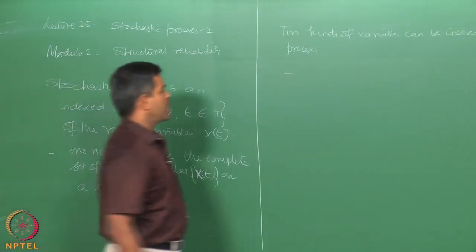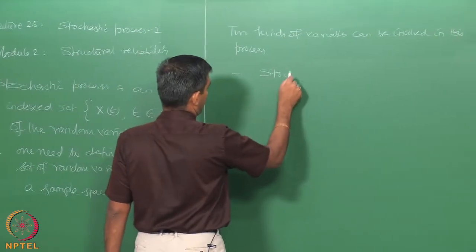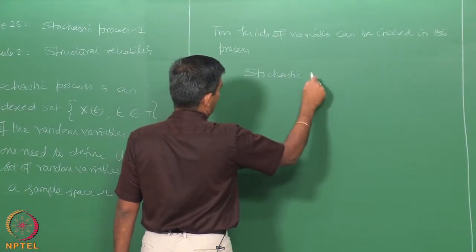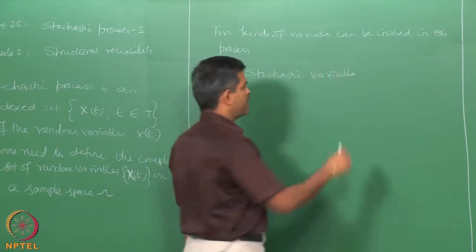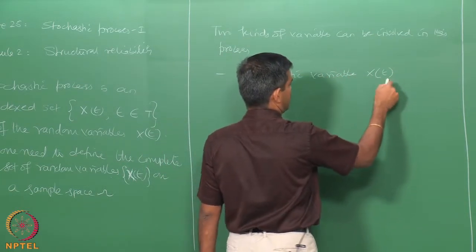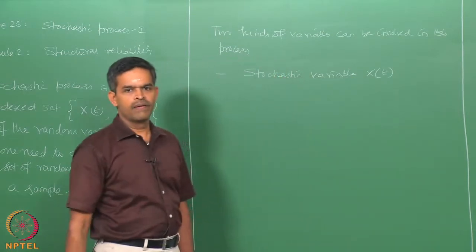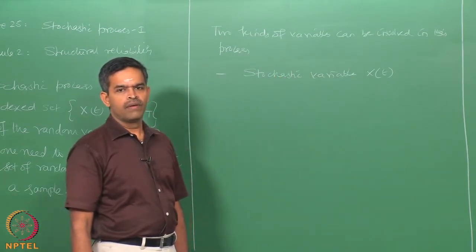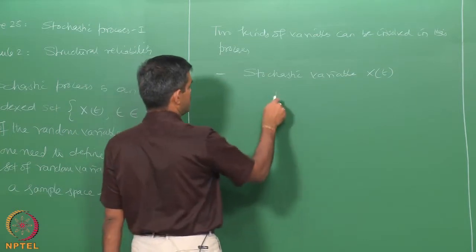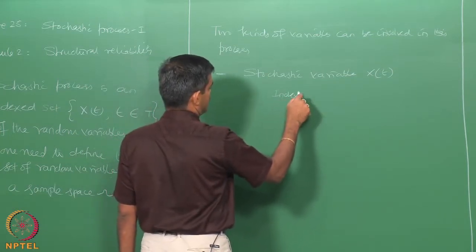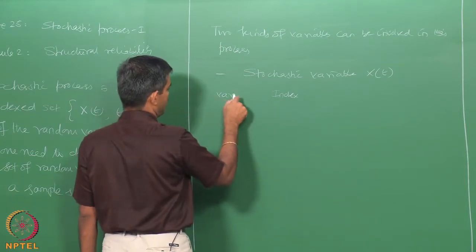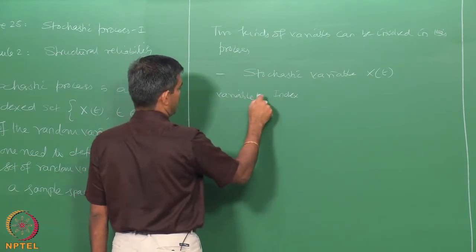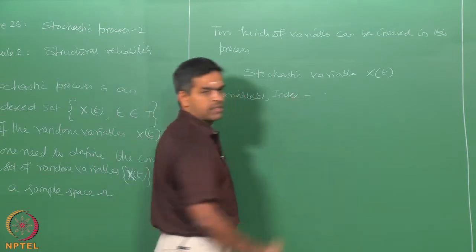One is what we call the stochastic variable, which is indicated as X of t in our discussion. The variable t is also called the index.